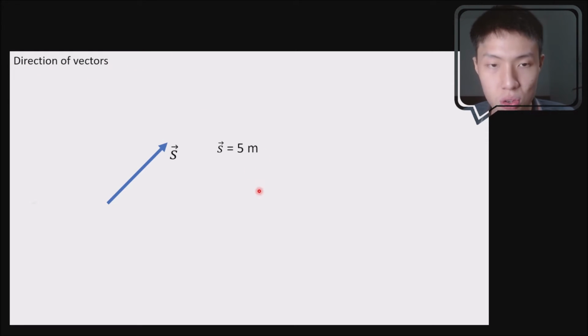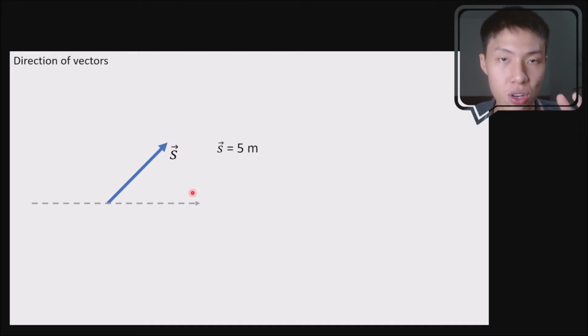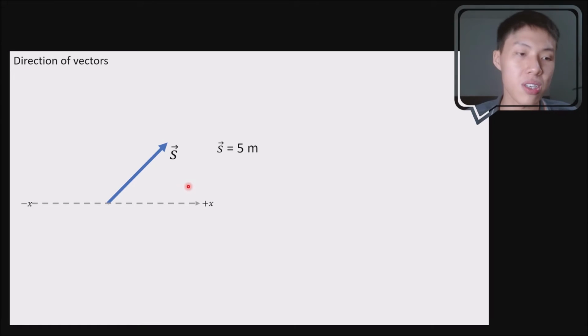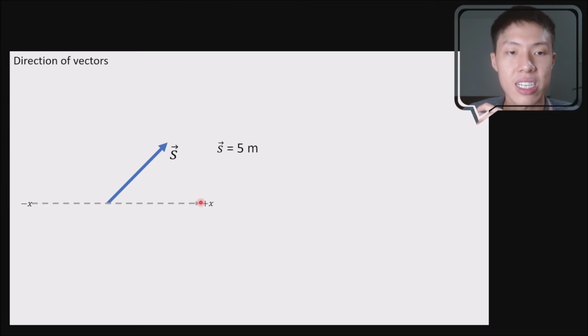To determine the direction of vector, we put this vector arrow on a Cartesian coordinate axis. A normal Cartesian coordinates usually have negative x pointing to the left and positive x pointing to the right, whereas you also have negative y and positive y.